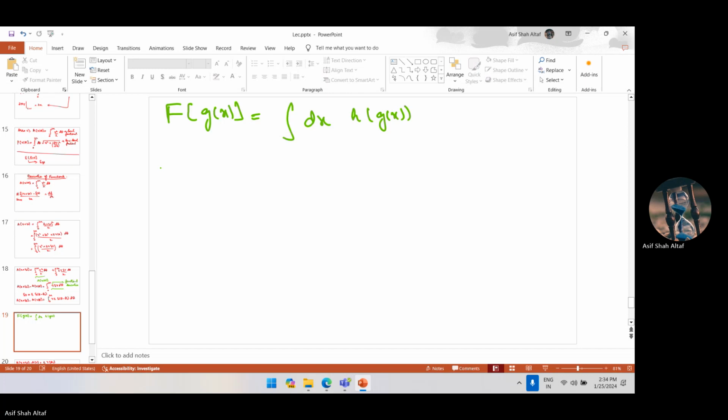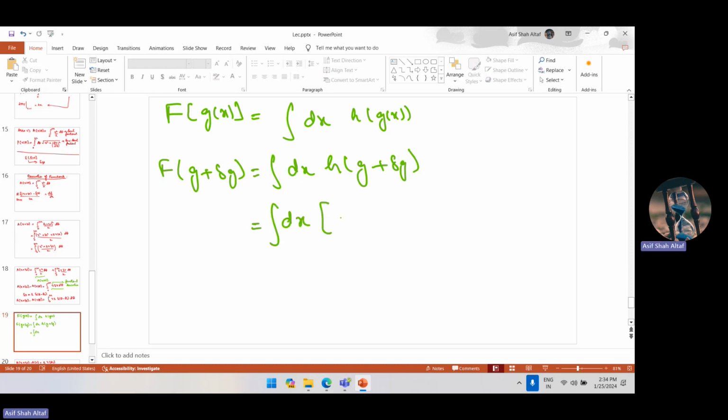Fine. Now, the rule is to find the little change in this function. Now, what you do, you'll just use a Taylor series to expand it, which will give you h of g plus delta g dou h by dou g, and then there will be higher order terms, which we will be ignoring.